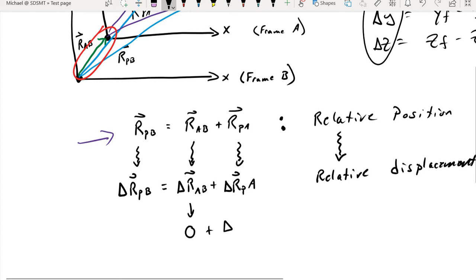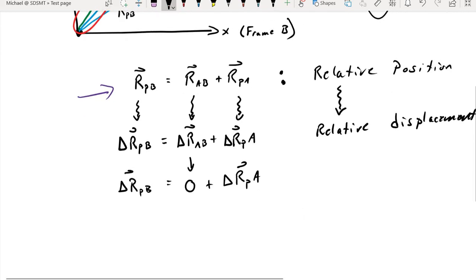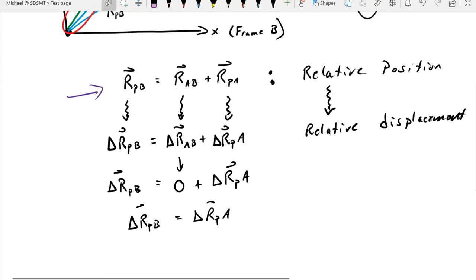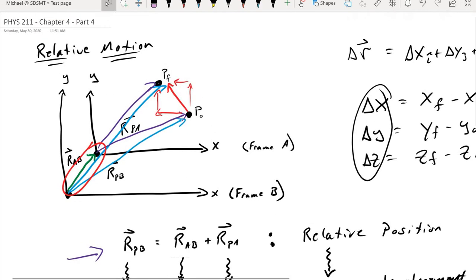But if that's the case, then that means that the change in position for the particle has to be the same regardless of what frame of reference we used to describe that displacement. And that much is true.